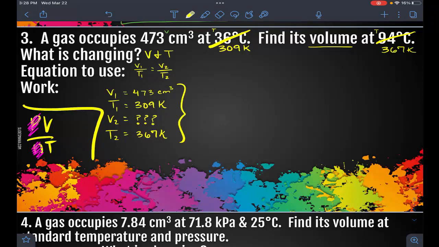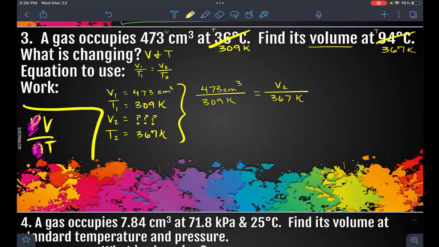Next step is substitution. We're going to plug those numbers in. So I have V1, 473 cubic centimeters, over T1, 309 Kelvin, equals V2, up here I don't know, divided by 367 Kelvin.